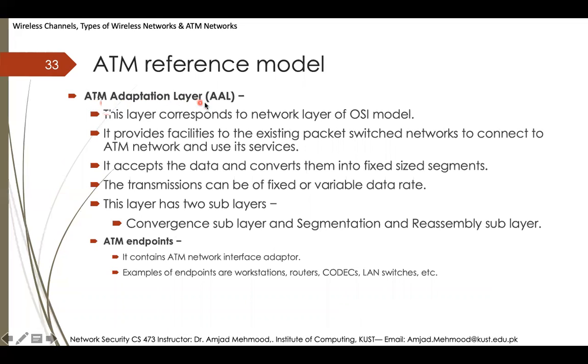ATM adaptation layer. This layer corresponds to the network layer of the OSI model. It provides facilities to the next packet switching network to connect to the ATM network and use its services. It accepts the data and converts them into fixed-size segments.